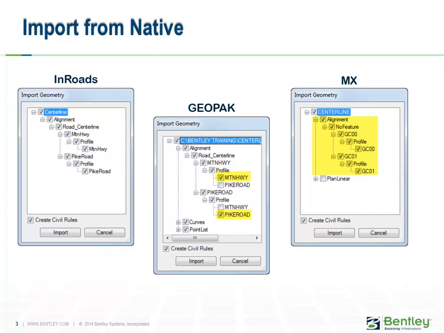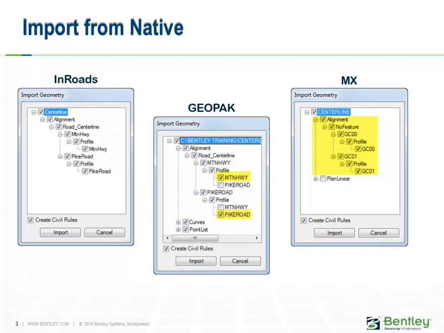Notice in the image that only the Mountain Highway profile is selected for the Mountain Highway horizontal alignment, or horizontal geometry. Likewise, only the Pike Road profile is selected for the Pike Road horizontal geometry. If both profiles were selected for a horizontal geometry, both profiles would be imported for that horizontal. Sometimes this might be valid and the desired result.